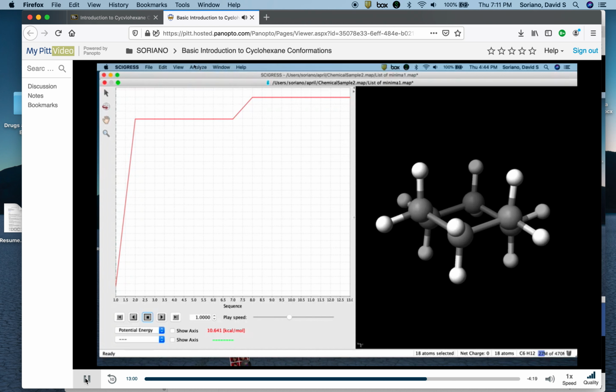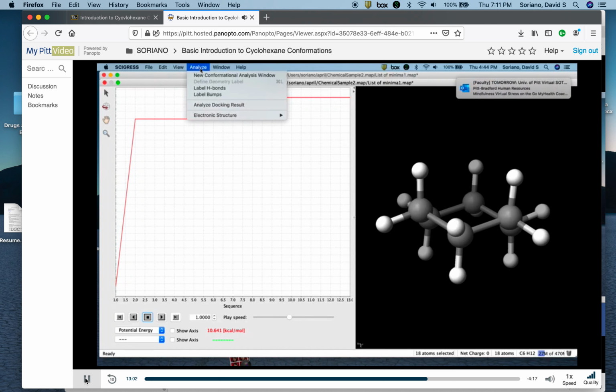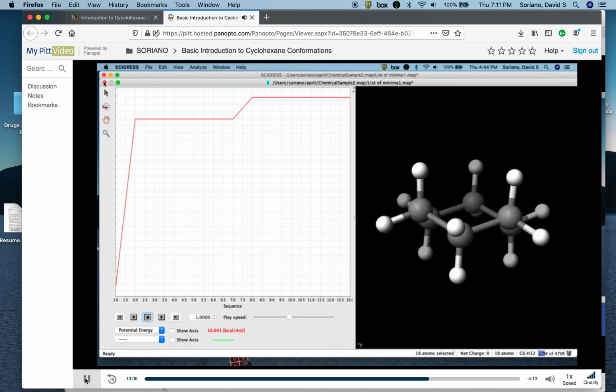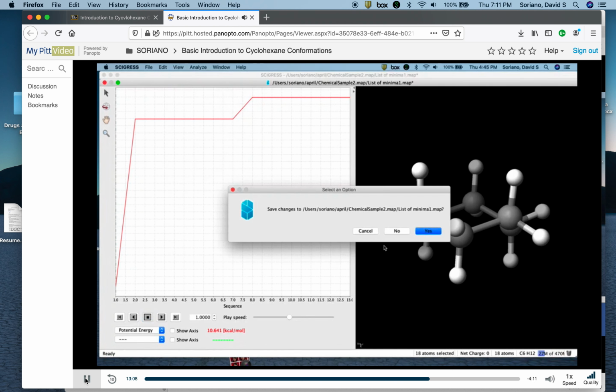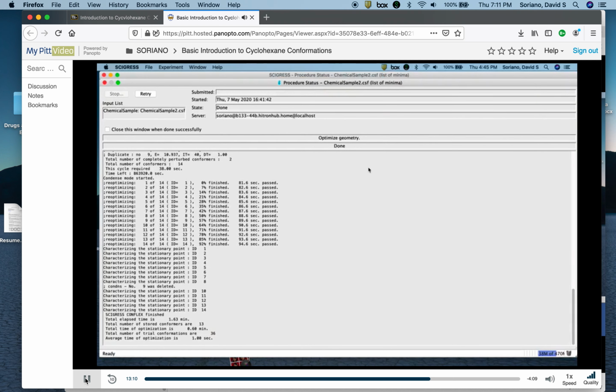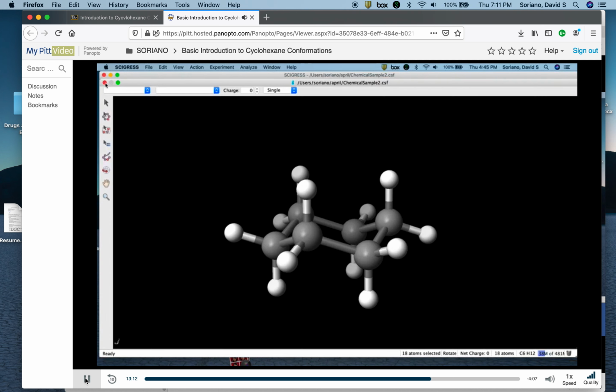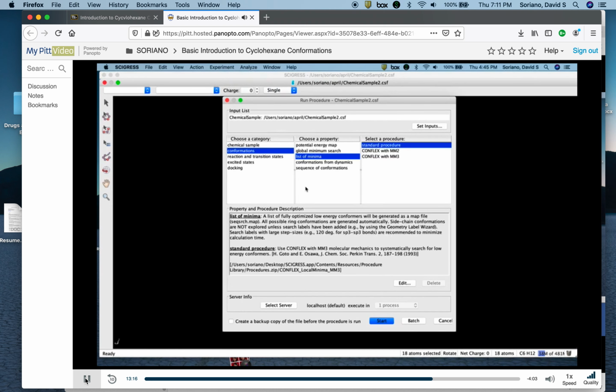Now, if we do another experiment, let's see. I'll X this out. I'm not going to save that for this. X it out. Now we do another experiment, and we can do molecular dynamics. Now let's see if I can find that here for you.